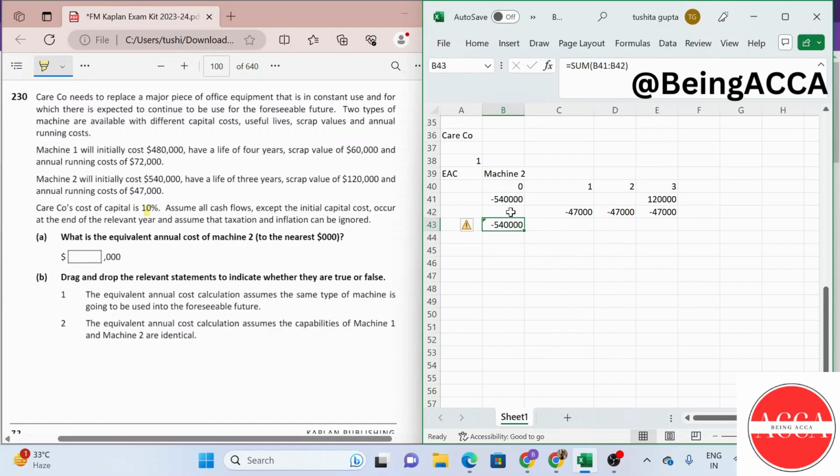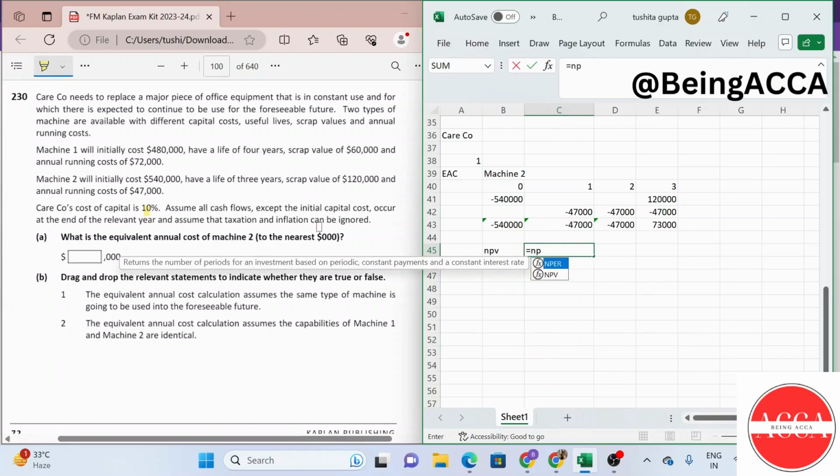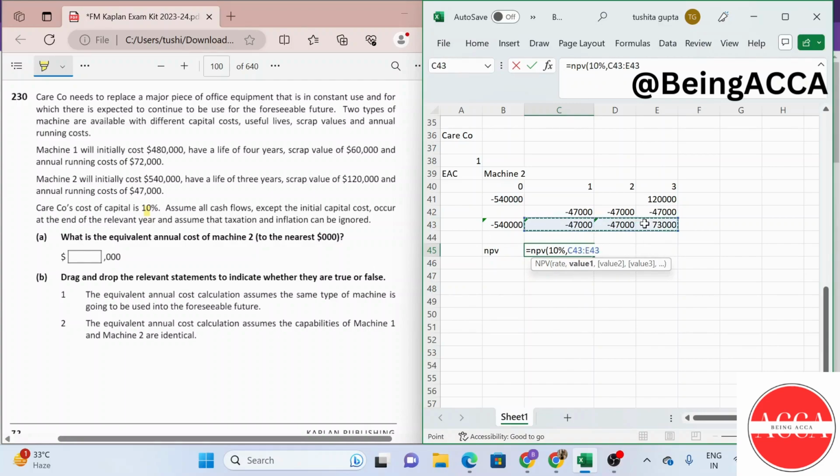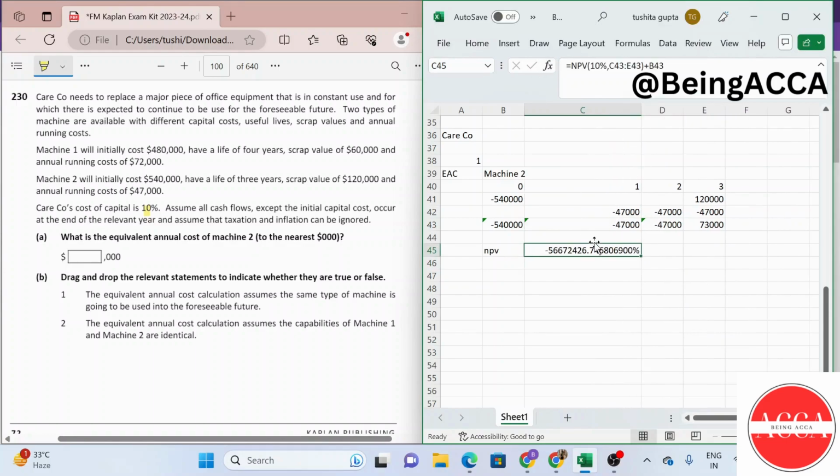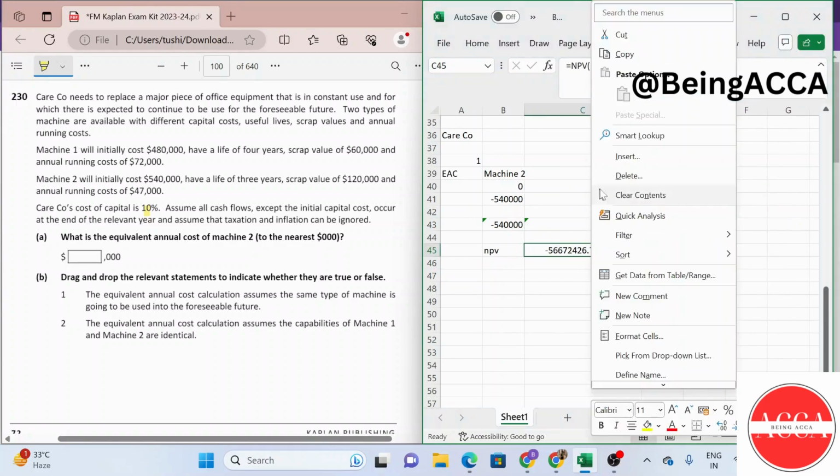So the sum of these will be this, and then let me find out the NPV over here. The cost of capital that is given to us is 10%, so 10% is the rate that I'm going to feed. These are the three inflows and outflows, and then I'm going to add my initial outflow. And with this, I have my NPV. Okay, let me put it to currency terms.